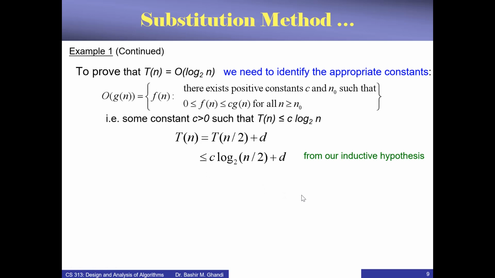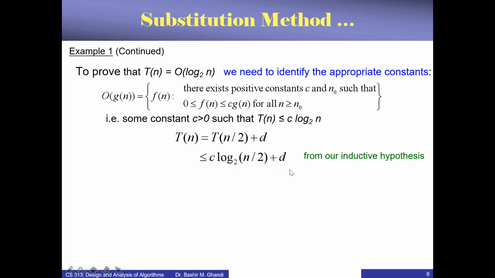Now all that is left is some simplification to make this right hand side be in the form we want. We want it to be in the form of log of n to base 2, or big O of log of n to base 2. So the first step is to see if we can make it in the form of C log n to base 2. If we can do that, then we will say it is big O of that.